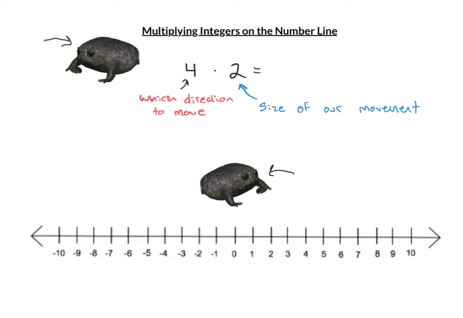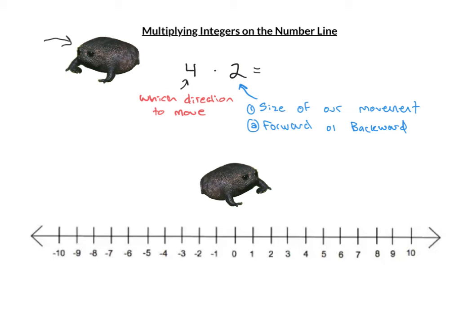And it's also going to tell us whether it's a positive or a negative number, if we are moving forward or backward. So our frog has the ability to jump forward, and our frog has the ability to jump backwards. And that's what that second term is going to tell us right there.